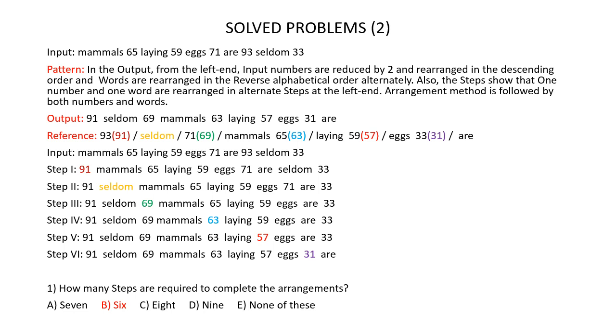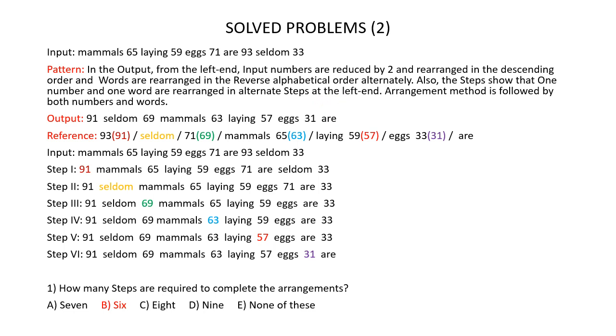Let's now find out the rearrangement steps between the given input and the final output. To make this task easy, fast and accurate, first let's write a reference line of numbers and words which can be used while finding out the rearrangement steps later on. Now from the pattern followed by the machine, we know that one number and one word is rearranged in alternate steps at the left end.